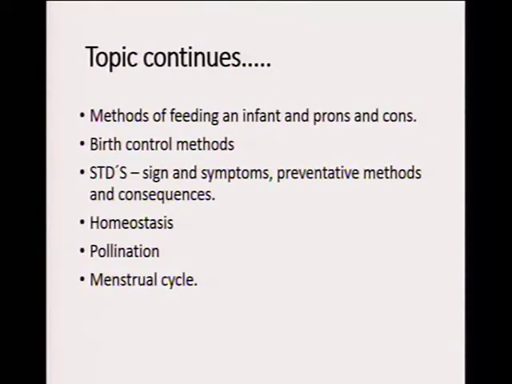So you need to know how effective they are, how we can use them, examples, as well as the advantages and the disadvantages. In your textbook, there's a nice table which distinguishes them.